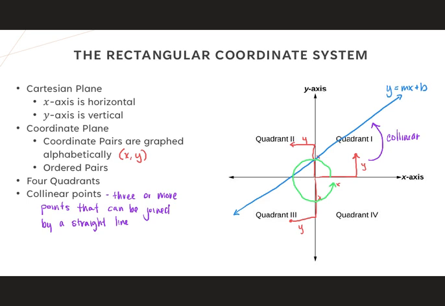Okay, so for example, these 3 points would be considered non-collinear because there's not a way for me to draw one straight line and hit all 3.